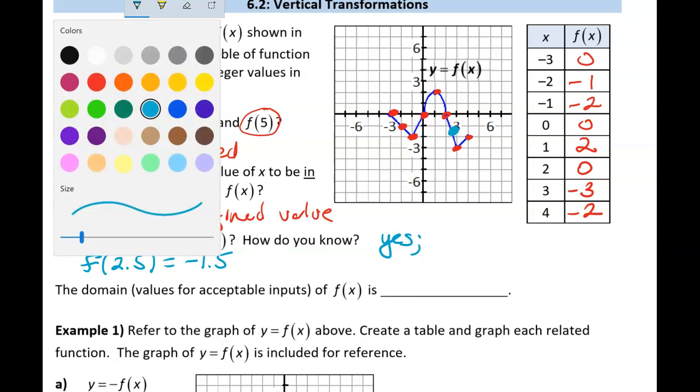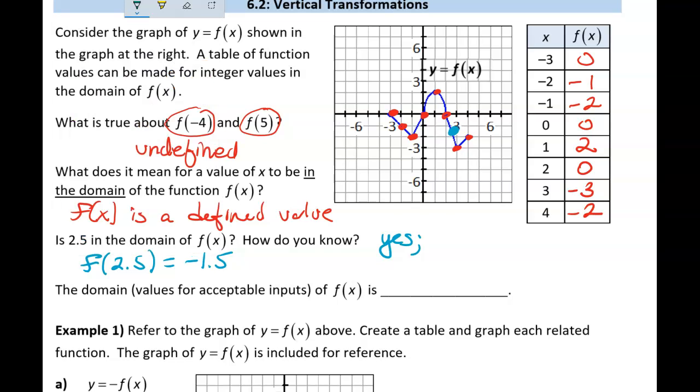The domain of this particular function is stated as -3 is less than or equal to x is less than or equal to 4. So all of the x values have to fall in that range. And so we listed the ones that are integer values, but all those ones in between the integers are also included. And that's why we can't just say -3, -2, -1, 0, 1, 2, 3, 4. We have to include all of those in between, and the way to say that is with an inequality.